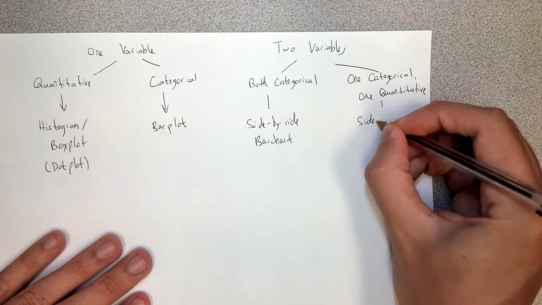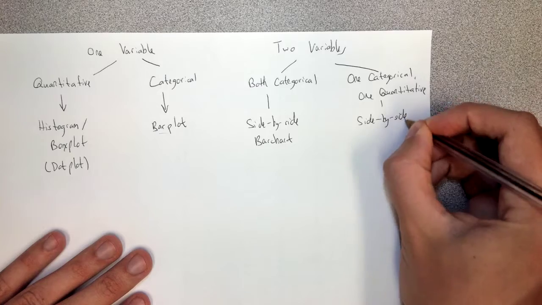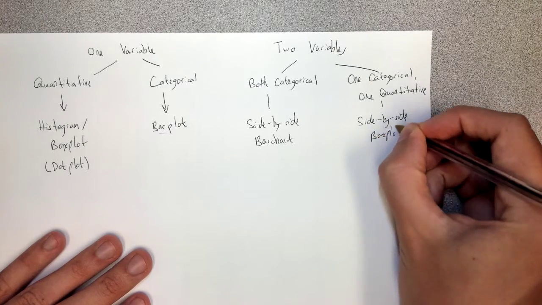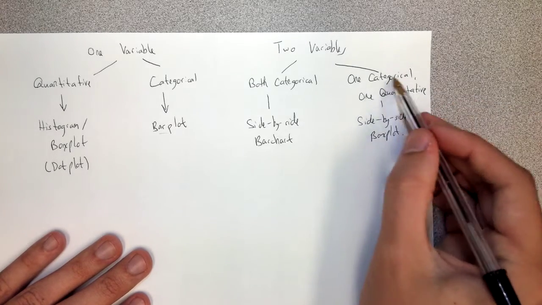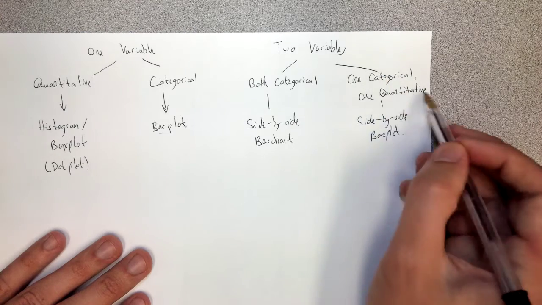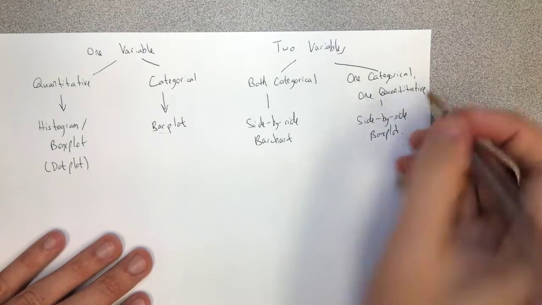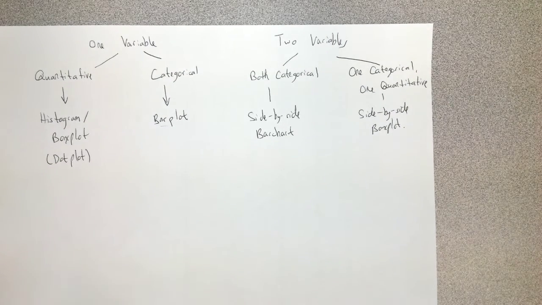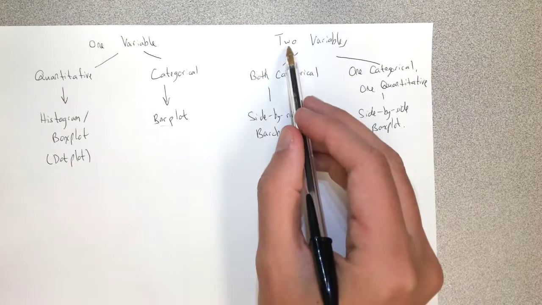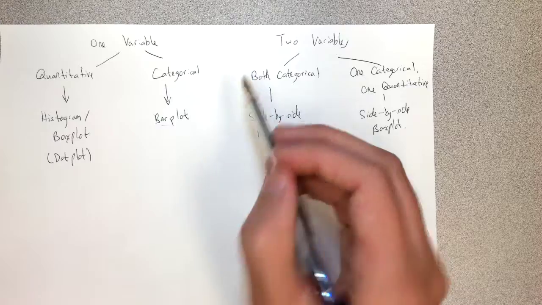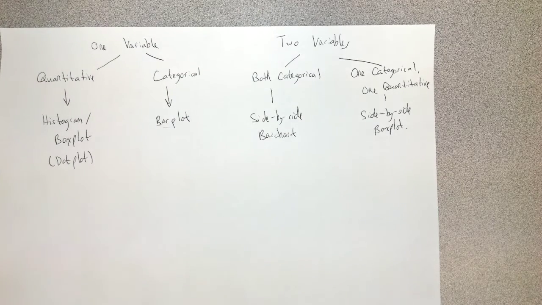That was when the useful graph was a side-by-side box plot, so that you could compare across the different levels of the categorical variable what the distribution of the quantitative variable was across those different groups. The only setting we haven't covered is if both of the variables are quantitative, then we would use a scatter plot, but we're going to save that until we talk about regression toward the end of the semester.